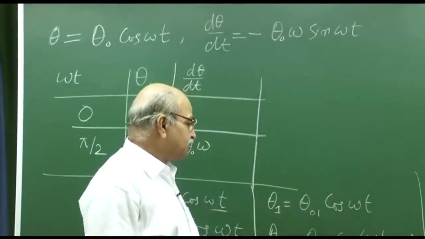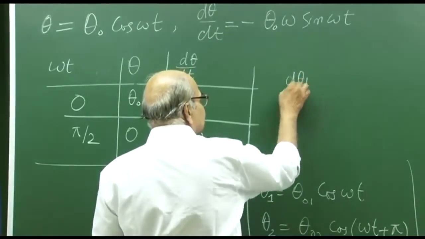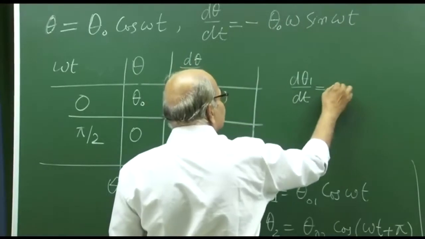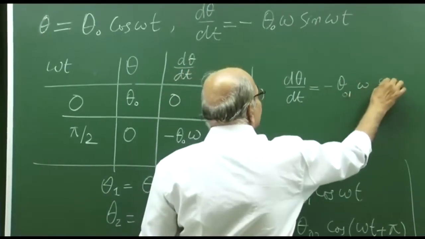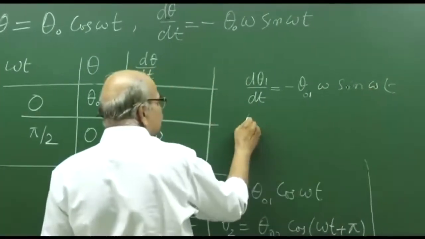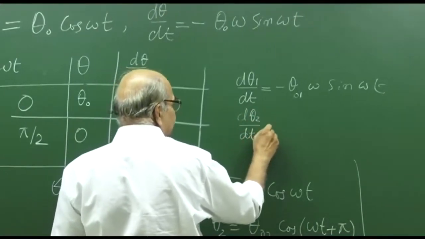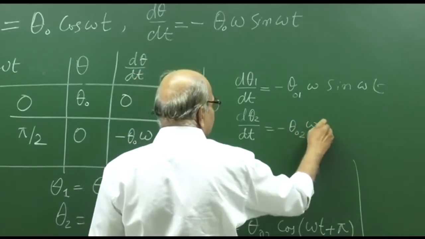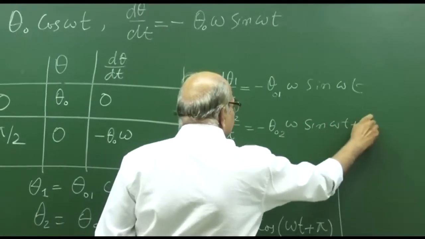So for the first one, the velocity is d theta 1 dt, that is minus theta naught 1 omega sine omega t, and for the second one it will be d theta 2 dt, with sine omega t plus pi.